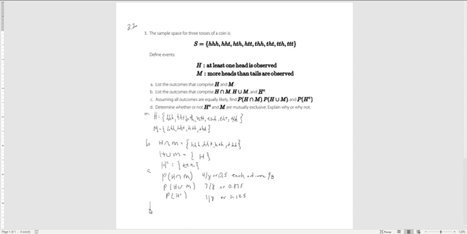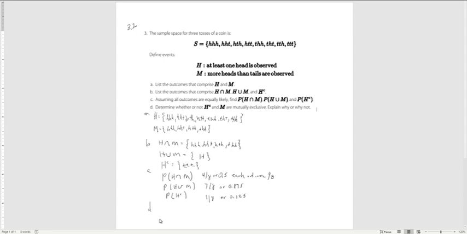Alright, so we're going to go to D. In D, determine whether or not H complement and M are mutually exclusive. Mutually exclusive means there are no elements that are the same in either of the potential events. So the events are exclusive from each other. Event M, you can see that up at A, is HHH, HHT, HTH, THH, and then the complement of H is TTT.